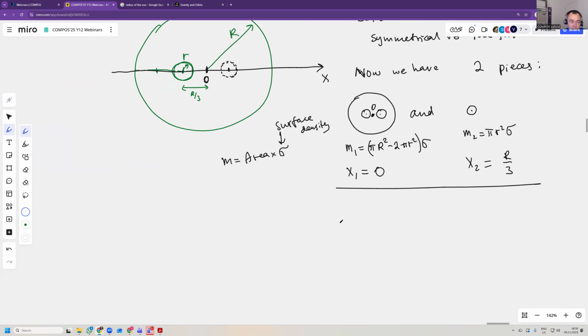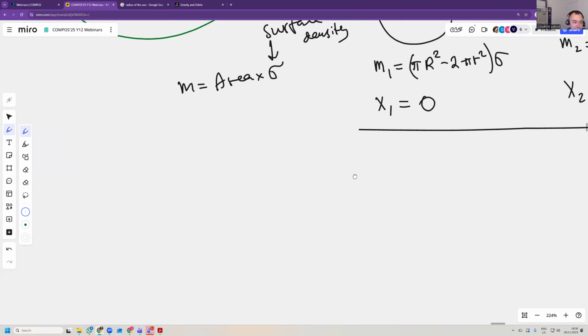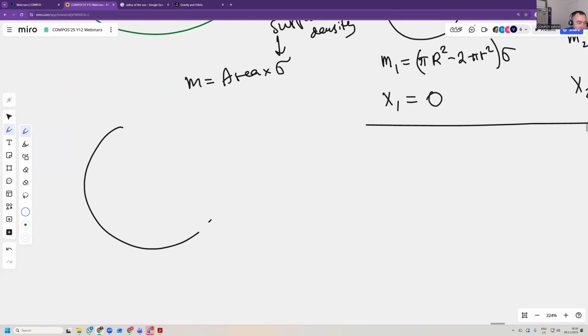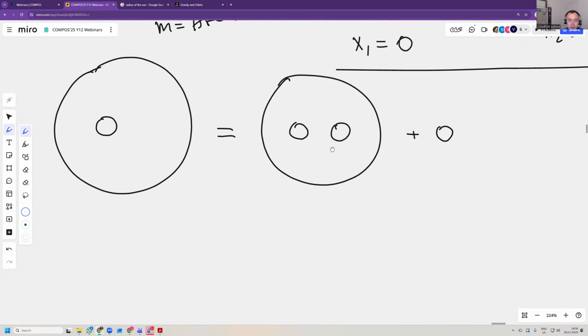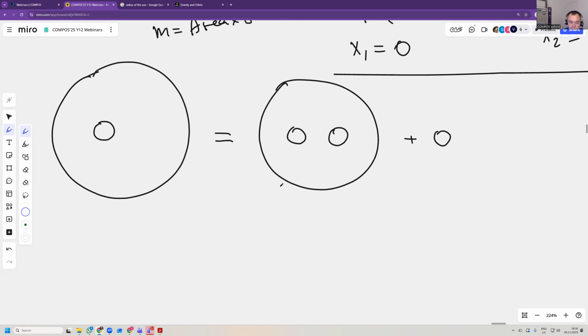Okay, so there's a lot of 5s and 6s. Okay, that's fine. Once again, I have a disk with a hole in it. I say it's the same as having a disk with 2 holes and a small disk that exactly covers the second hole. Agreed? Now we need to find the mass of the first piece.